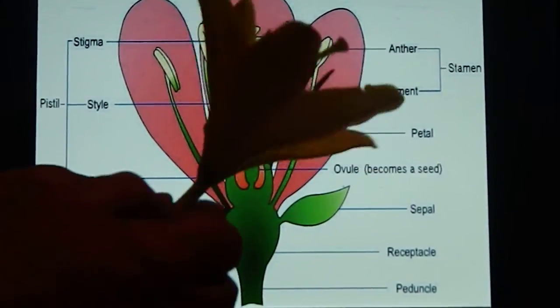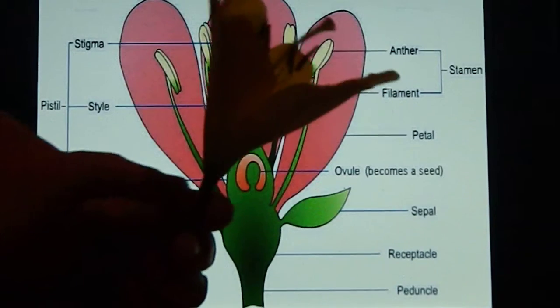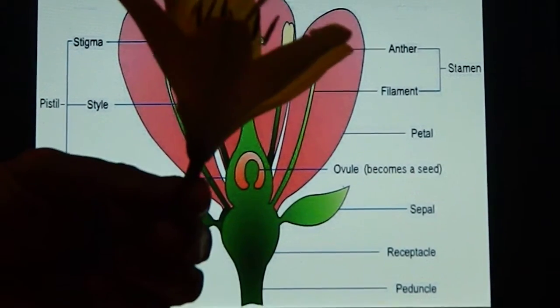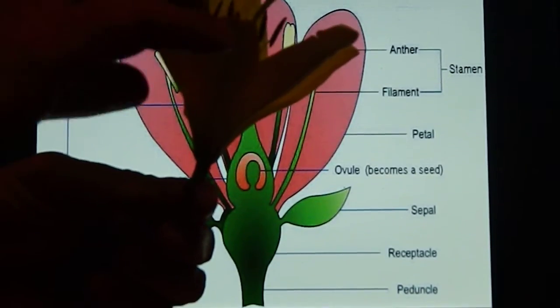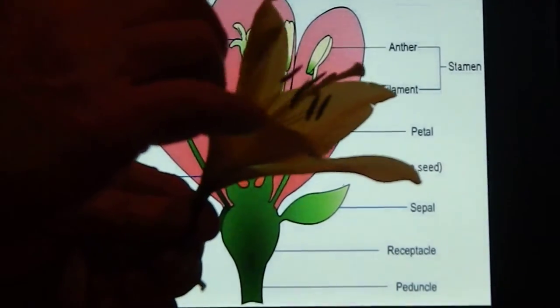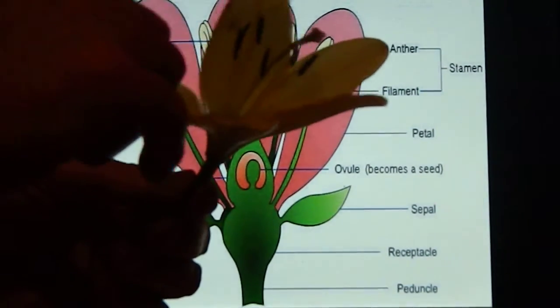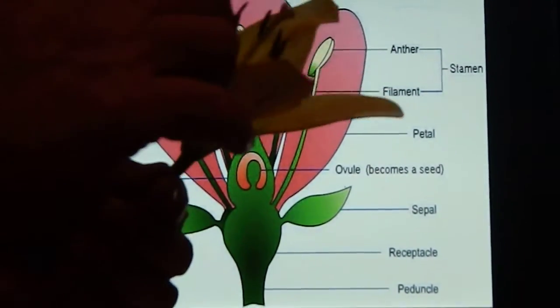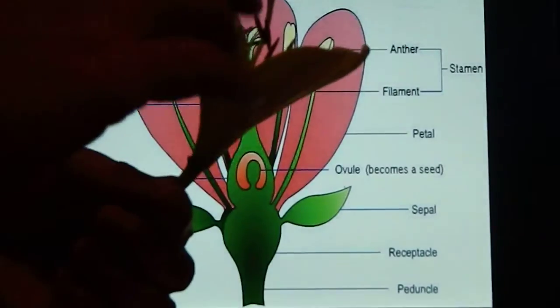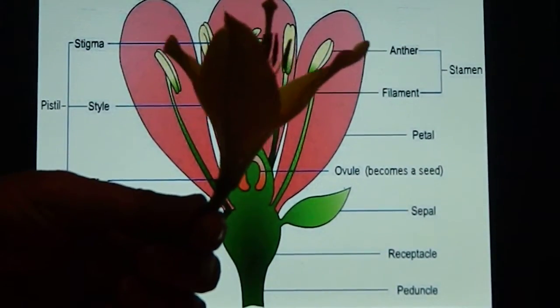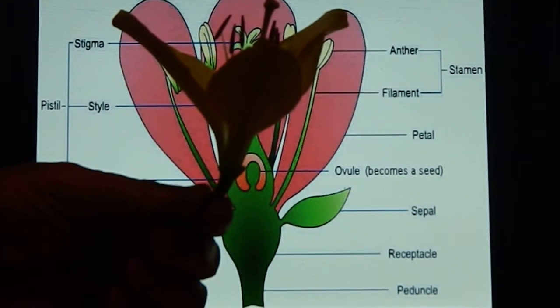And so if we look at this flower, here's the peduncle, all right? The thing where the flower sits on. And then the first ring here, this one, this one, and this one are called the sepals, all right?